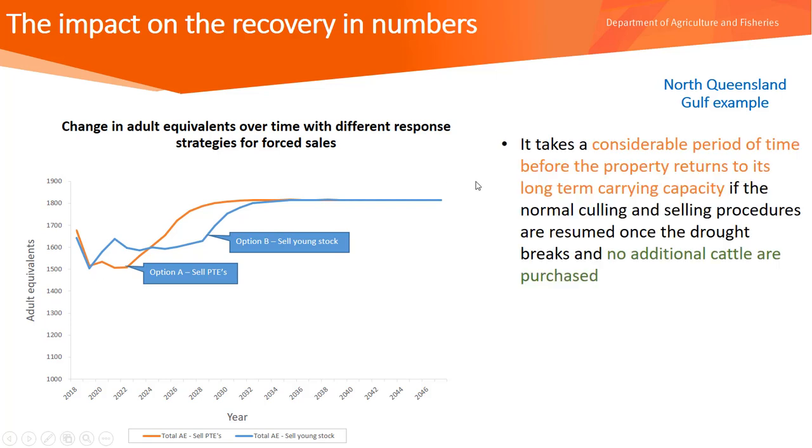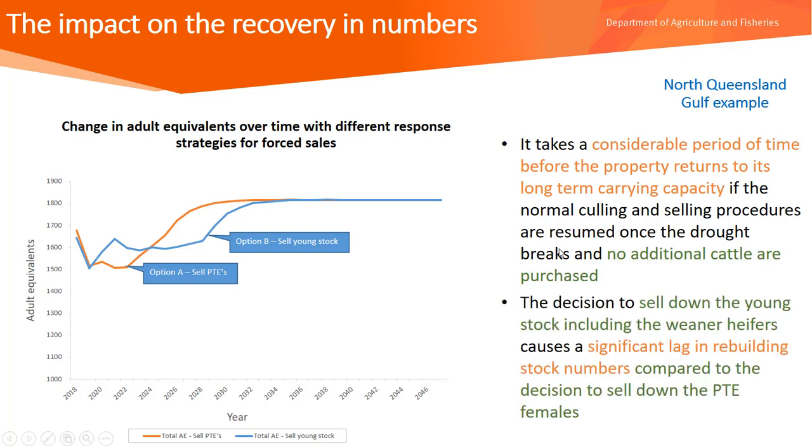And we discussed previously that it took a considerable period of time before the property returns to its long-term carrying capacity. So it takes 6 to 8 or 10 years, depending on which strategy you follow, to get back to the number of cattle and the herd structure that is your long-term carrying capacity.